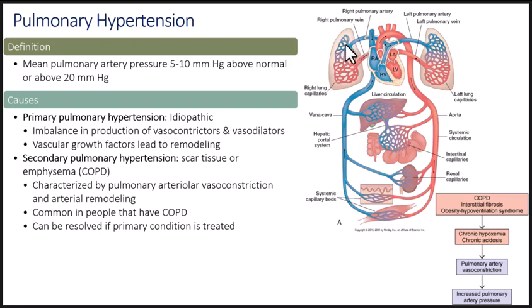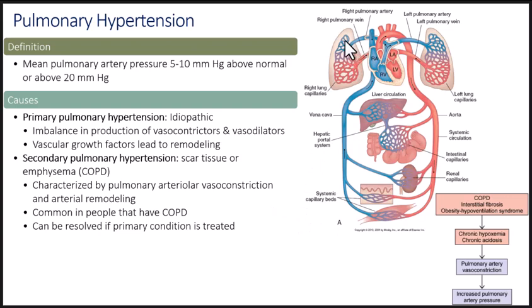So if the blood's heading this way and it's not able to be oxygenated, vasoconstriction will sort of push it to another area that in theory would be able to oxygenate it. That's called pulmonary artery vasoconstriction. But there's a bit of a problem that will occur with that.